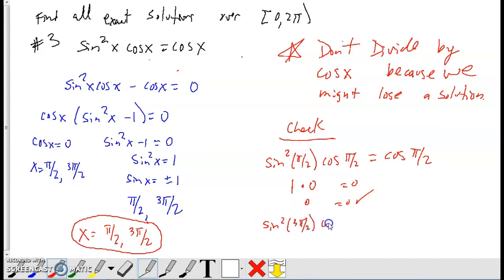And 3 pi over 2: cosine of 3 pi over 2 is 0, and sine will give me -1, but -1 squared is still 1. 1 times 0 does in fact give me 0. So again, it doesn't always work where sometimes I'll divide things out and I won't lose an answer. But sometimes I will.